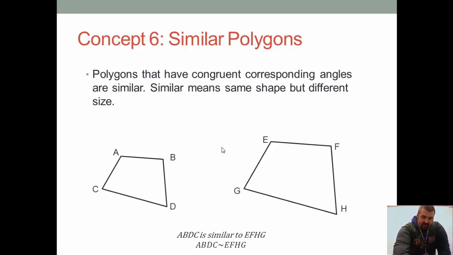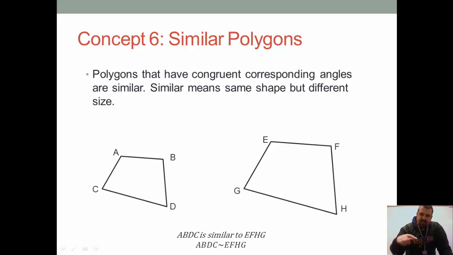If I ever wanted to say, for instance, like for this quadrilateral, ABDC, and this quadrilateral, EFHG, were similar, I could literally write it out this way. Quadrilateral ABDC is similar to quadrilateral EFHG. Or I could use this tilde symbol.